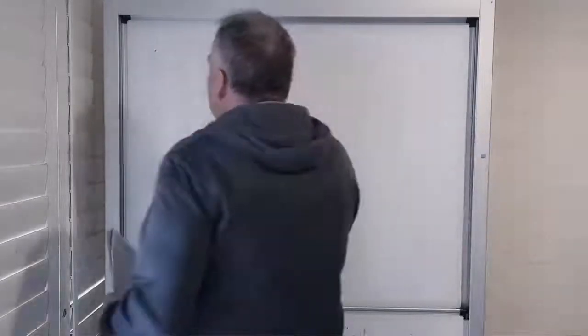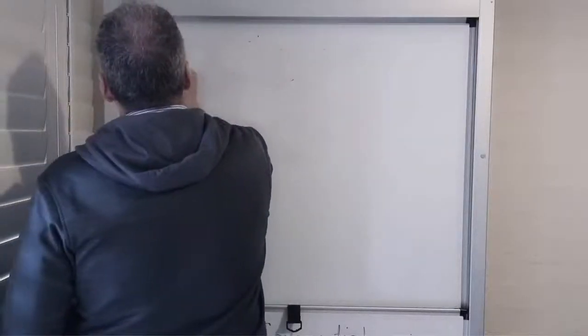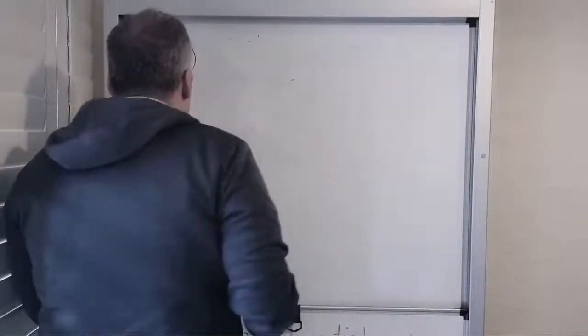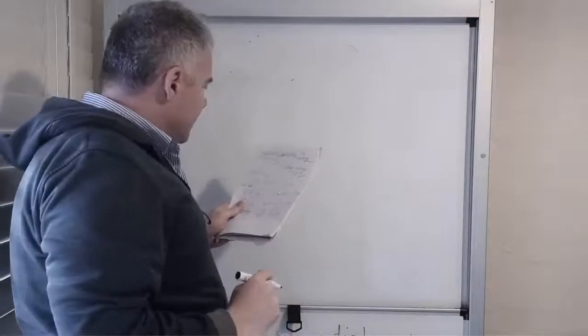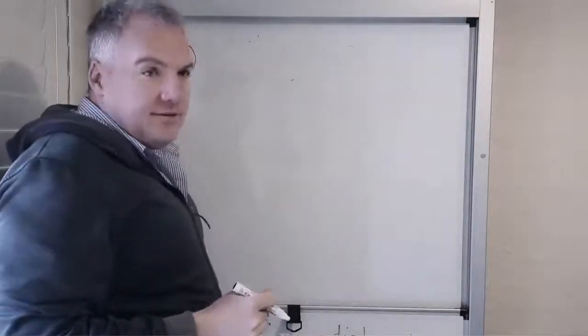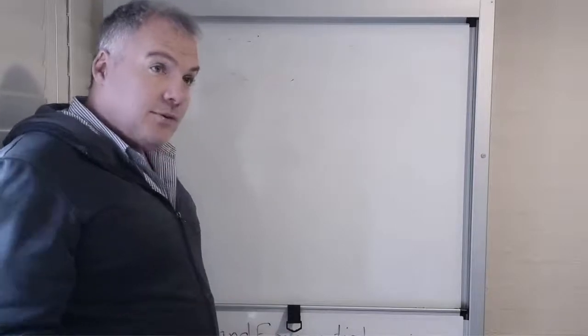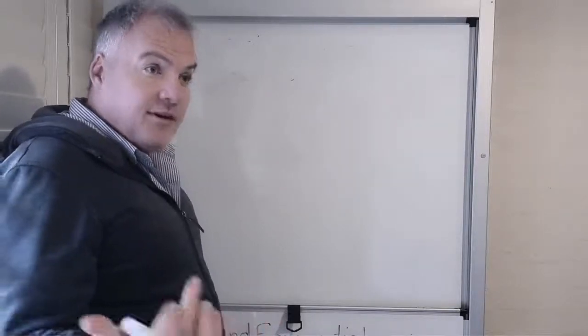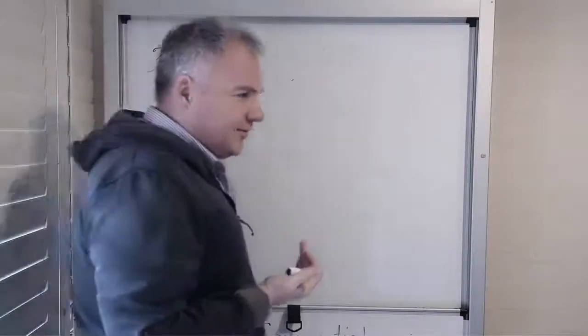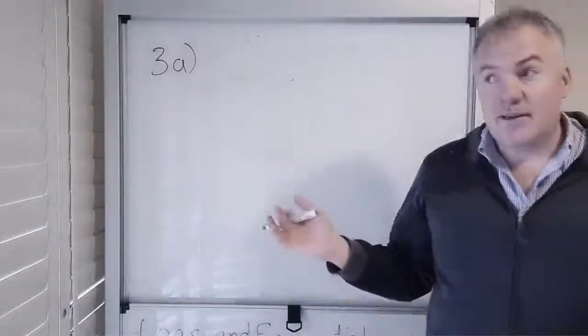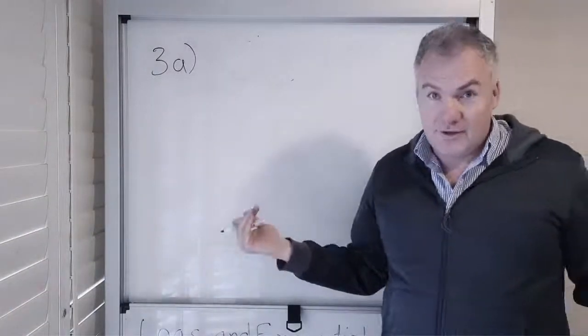If you go to question 3A in the same set, you'll see a problem on an algal bloom, okay? And it uses an algal bloom as an example of exponential growth. And it's a great example of exponential growth because the bigger the algal bloom, the faster it's going to grow.